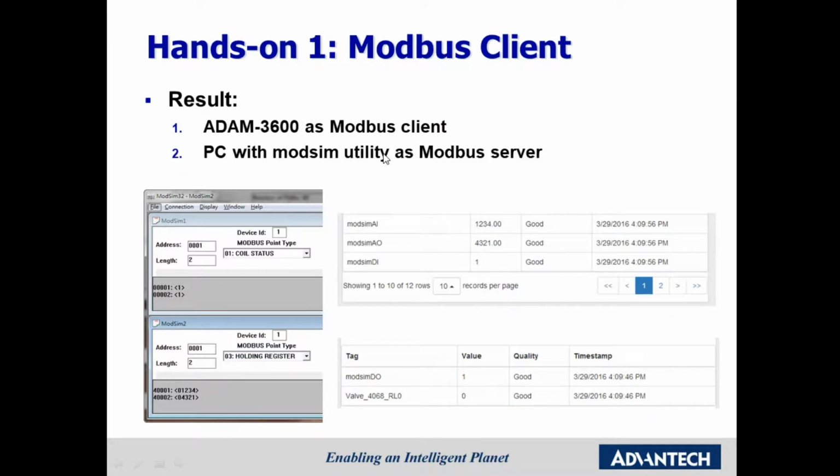The result will be shown here. User could read the ModSim tag in the EdgeLink Studio. Whenever you change your value in ModSim, the corresponding value will be changed on the Modbus client ADEN3600 and will be shown here in the EdgeLink Studio.